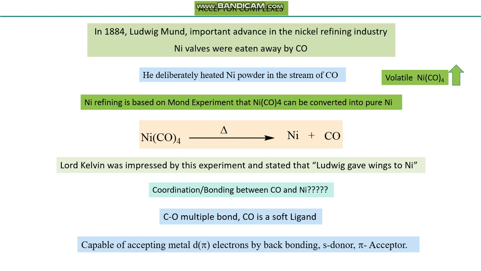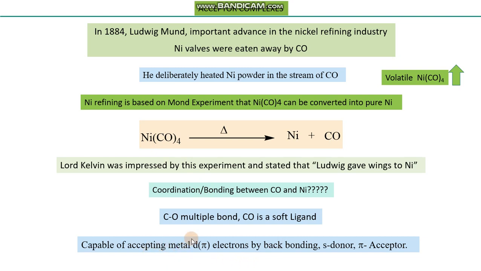Sigma bond is known in general chemistry: whenever two or more species combine with each other, they establish a bond, and normally the bond which is single is called a sigma bond. We are coming to the bonding situation of carbon monoxide and nickel in later slides.